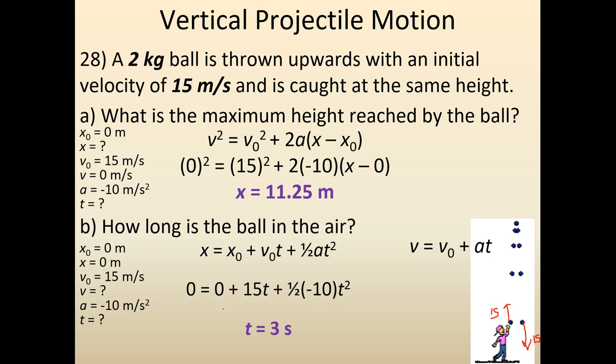But I have to make sure that I note this as negative 15 as the final velocity to show that it's going downwards. And once again, when I use this equation, I get 3 seconds. Just note that you can only do this if and only if you have a symmetric projectile.